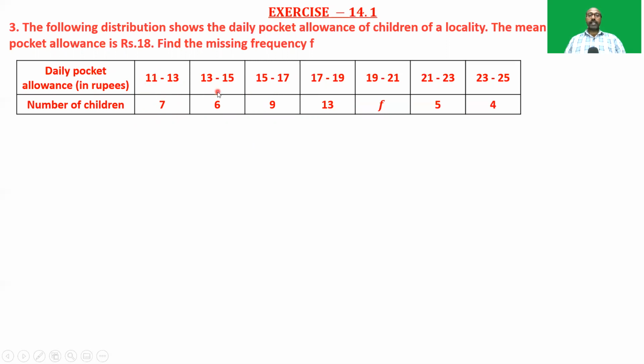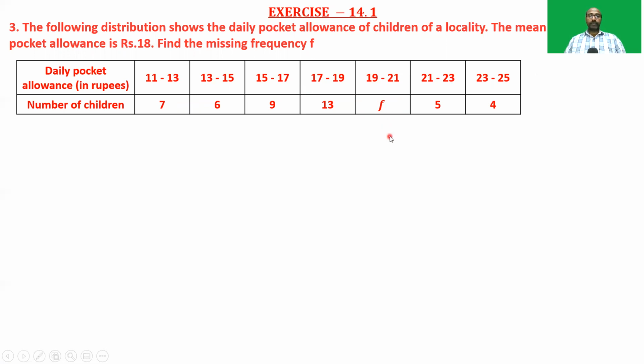And the number of children having pocket allowance between 13 rupees and 15 rupees is 6, like that. But in this table, one frequency is missing. So that frequency is given as variable f. We have to find the value of f in this table.